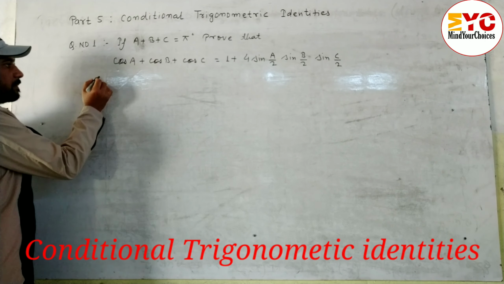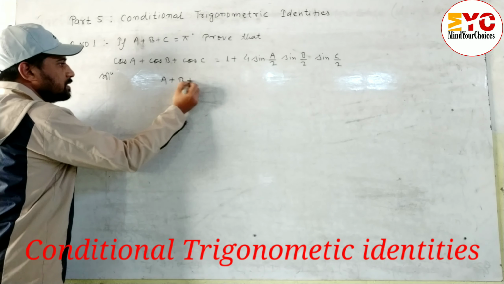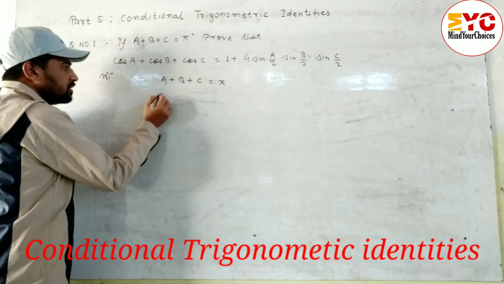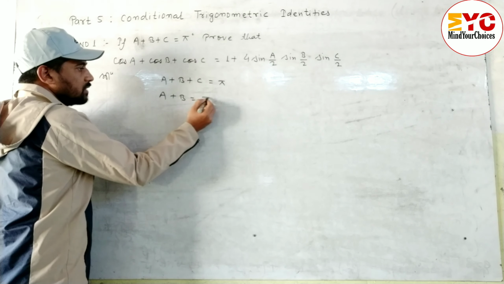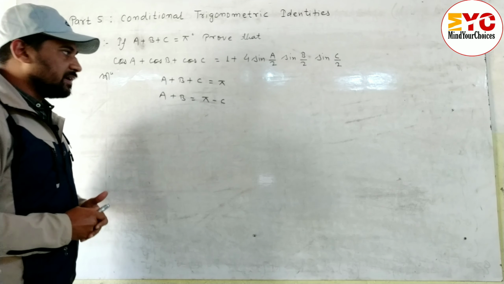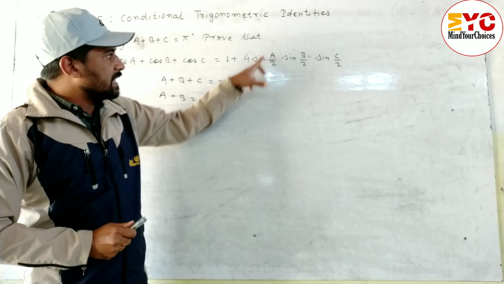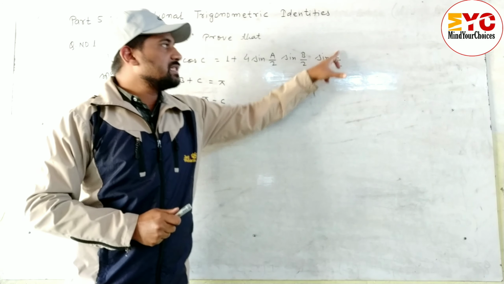So first of all we write down the condition a plus b plus c is equal to pi, and after this a plus b is equal to pi minus c. Either we have to multiply or we have to divide. It depends on the RHS. When you see here we get sine a by 2, b by 2, c by 2.